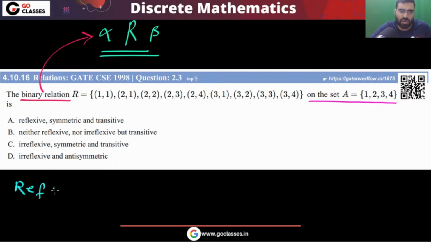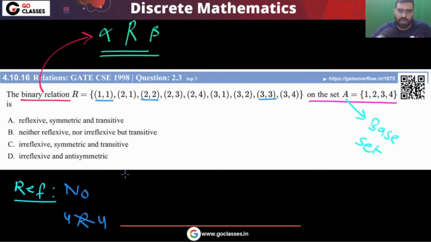The reflexive property says that every element in the base set, which is A, must be related to itself. 1 is related to 1, 2 is related to 2, 3 is related to 3, but 4 is not related to 4. So this is not reflexive.